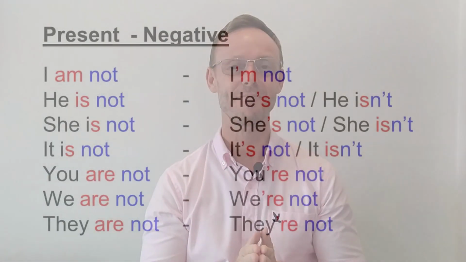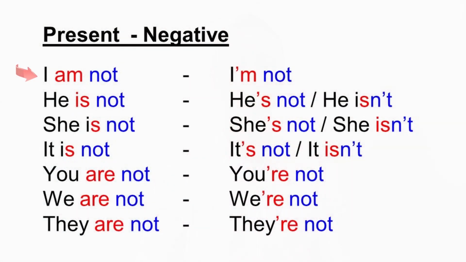The present negative is a little bit easier to remember. All you need to do is simply add not to the end of your sentence. Let me show you the examples now on the screen. We've got I am not, contracted to I'm not. He is not. Now there's two options available.